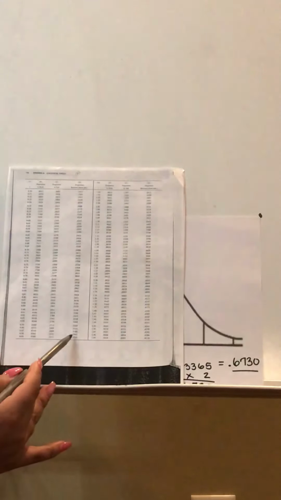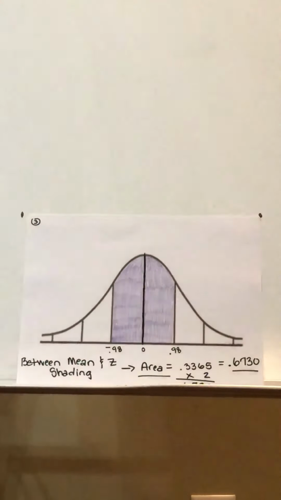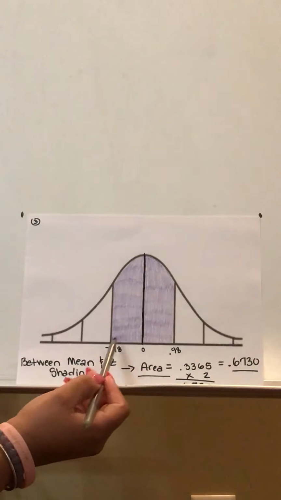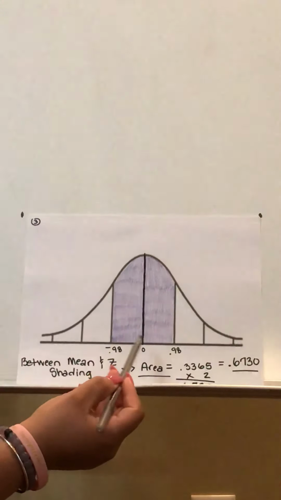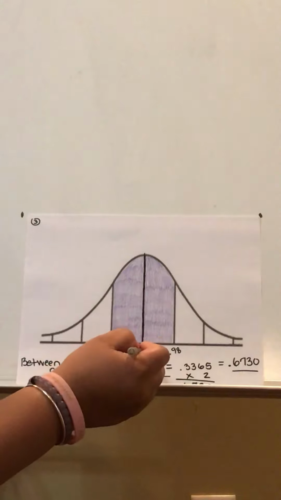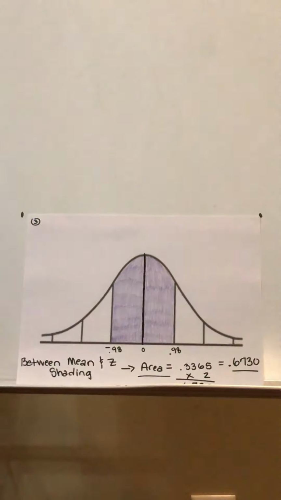That number is going to be 0.3365. Now that area only represents one side. It only represents one portion between the middle and the Z-score. Technically, if I do both sides of the middle, you have two portions. They're proportionally the same.